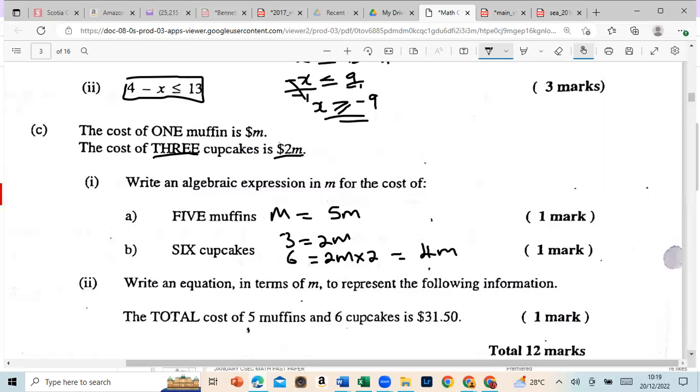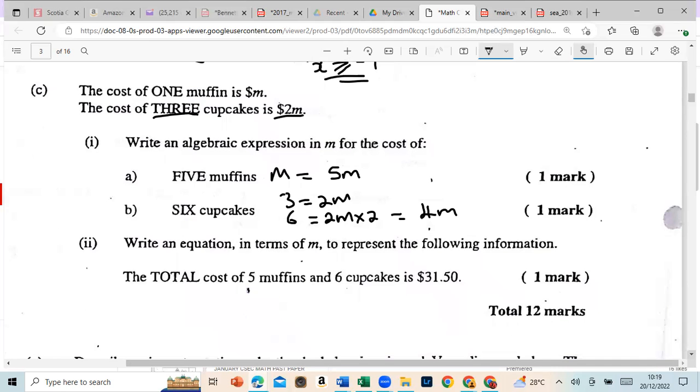All right. The last one now, it says, write an equation in terms of M to represent the following information. The total cost of 5 muffins and 6 cupcakes, and that should equal. Well, guess what? We already did all the hard work up here. So it's 5 muffins plus 6 cupcakes, and we already did it.